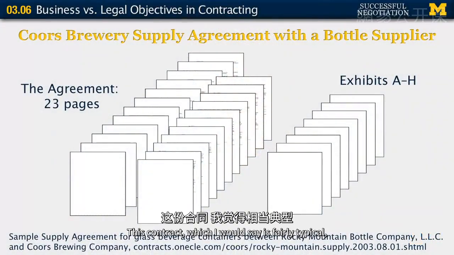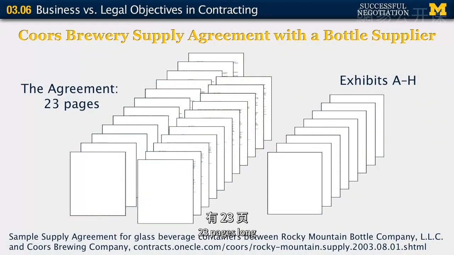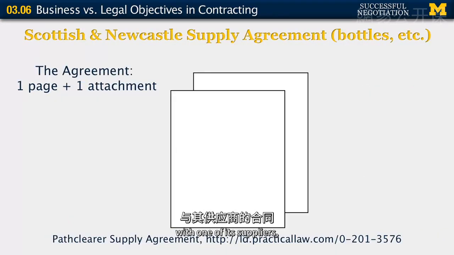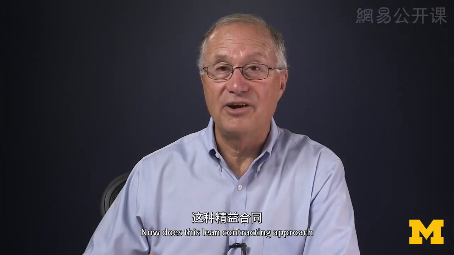This contract, which I would say is fairly typical, is 23 pages long with another around 8 pages of exhibits. So compare that to the Scottish contract with one of its suppliers: a 1-page contract, 1-page attachment.